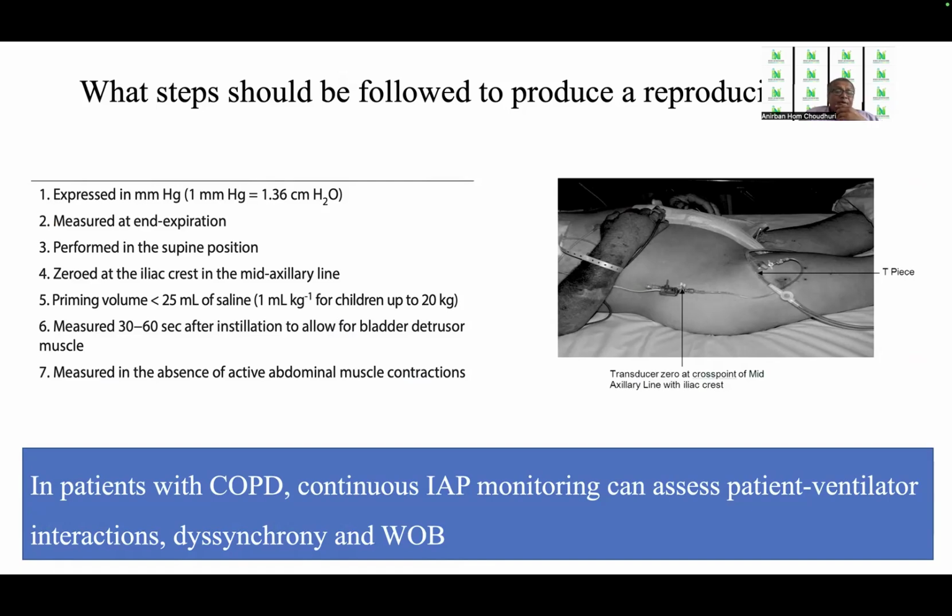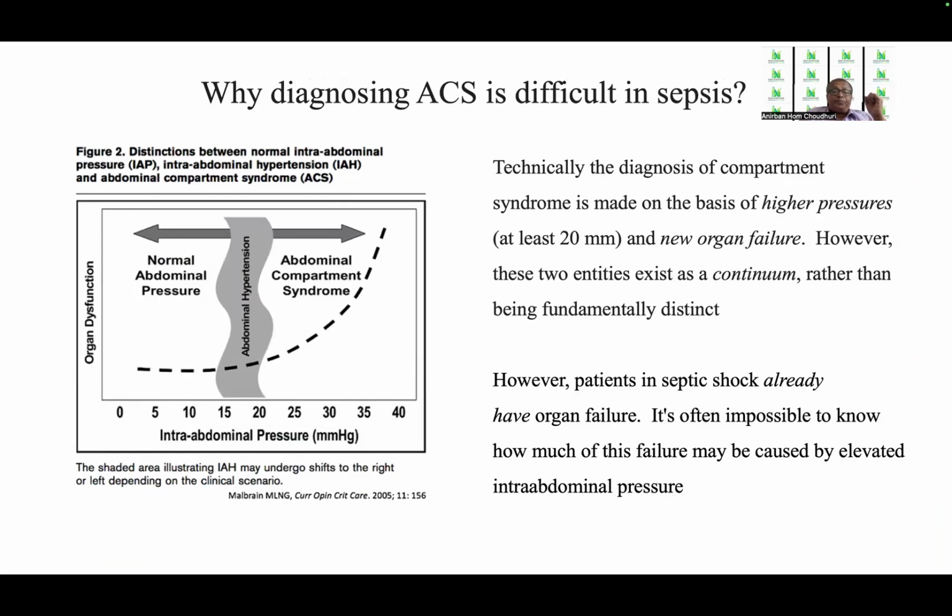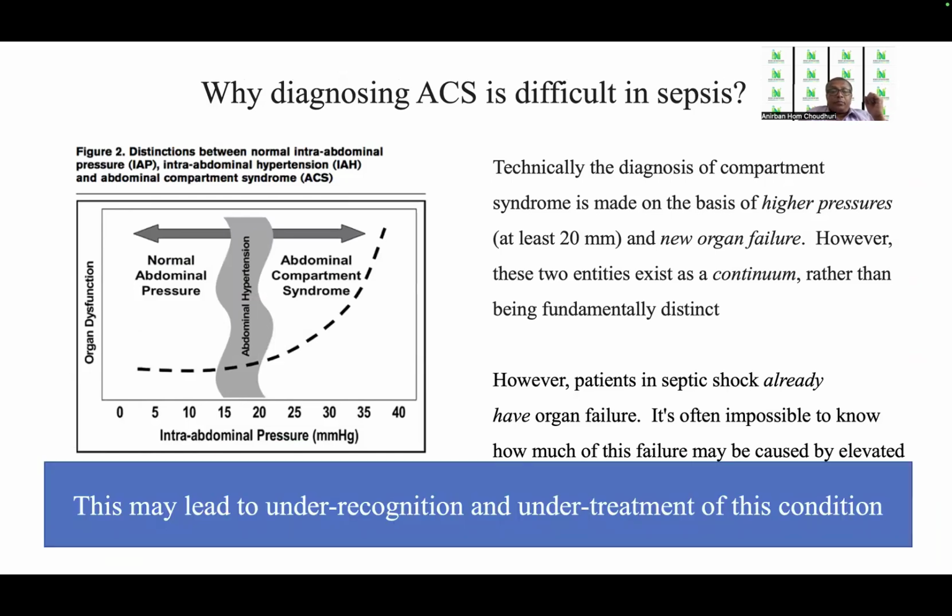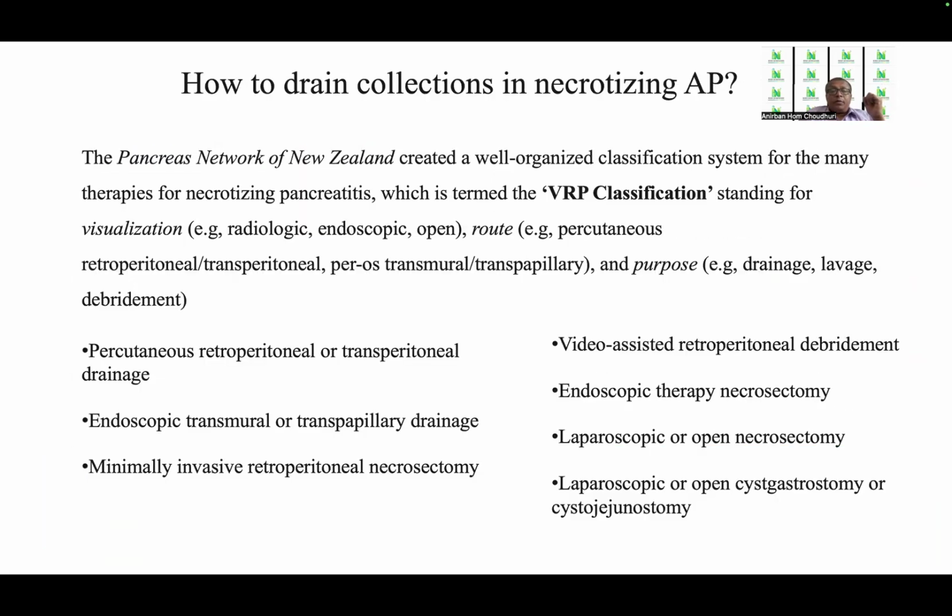Also, we have to remember that in patients with COPD, continuous IAP monitoring can assess patient-ventilator interactions and dyssynchrony, as well as the work of breathing. So the most important point of concern is how to drain the collections in acute necrotizing pancreatitis.